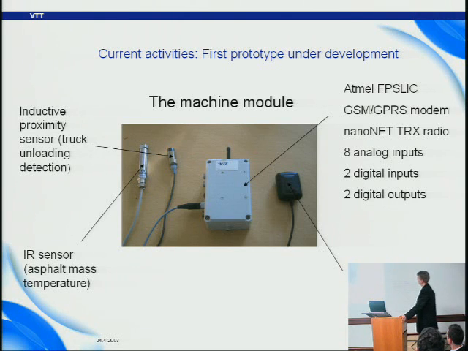With this machine model, we are trying to prove our concept of asphalt paving process control, and we are looking ahead to having some good results.